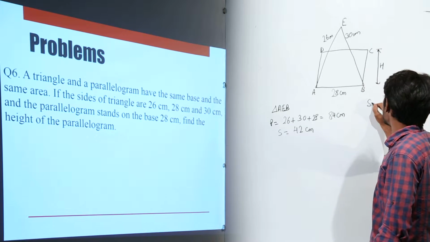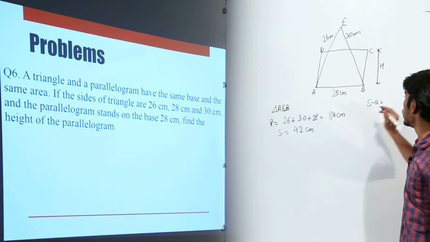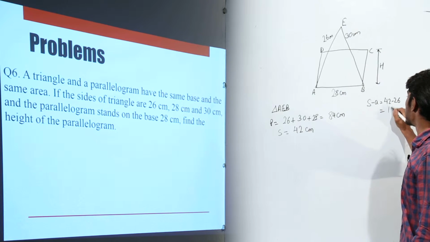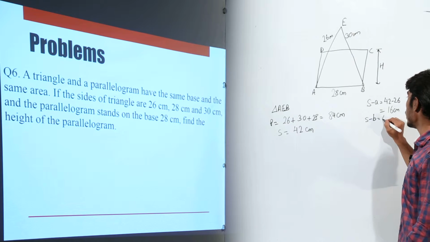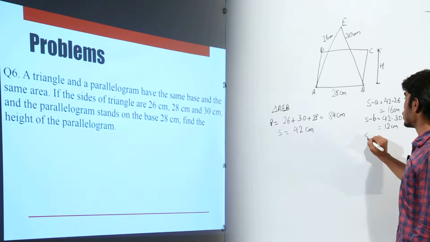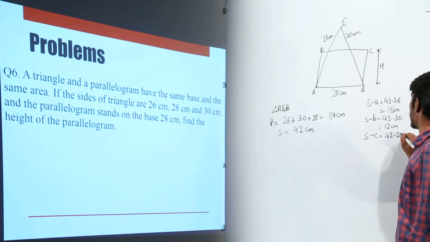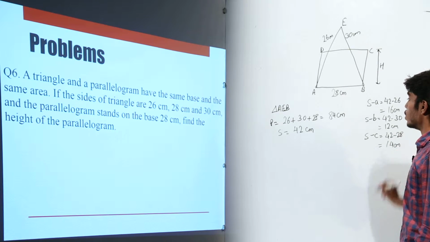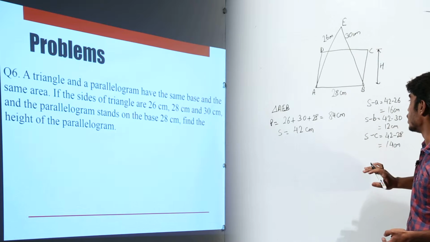So let's calculate S minus a. S minus a would be 42 minus 26, which is nothing but 16 centimeter. S minus b would be 42 minus 30, which is 12 centimeter. S minus c would be 42 minus 28, which is 14 centimeter. So we got the values of s, s minus a, s minus b and s minus c.